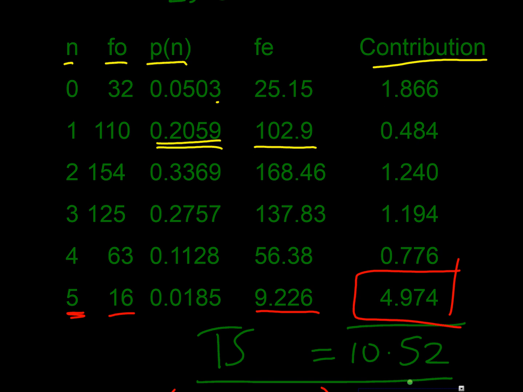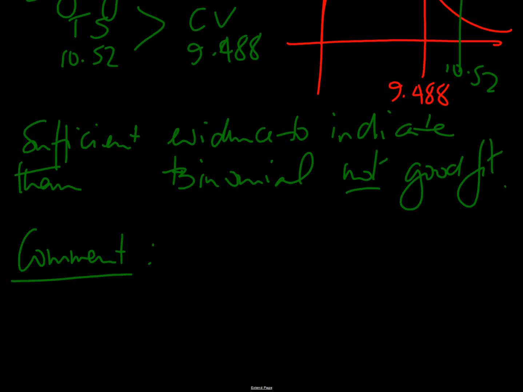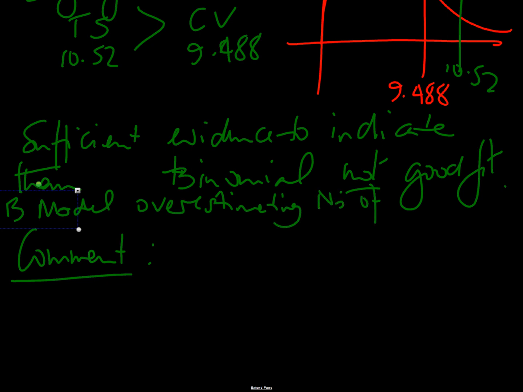And it's going the other way around in the middle here again. So my final comment on the data would be that the binomial model is underestimating the number of families with 5 girls.